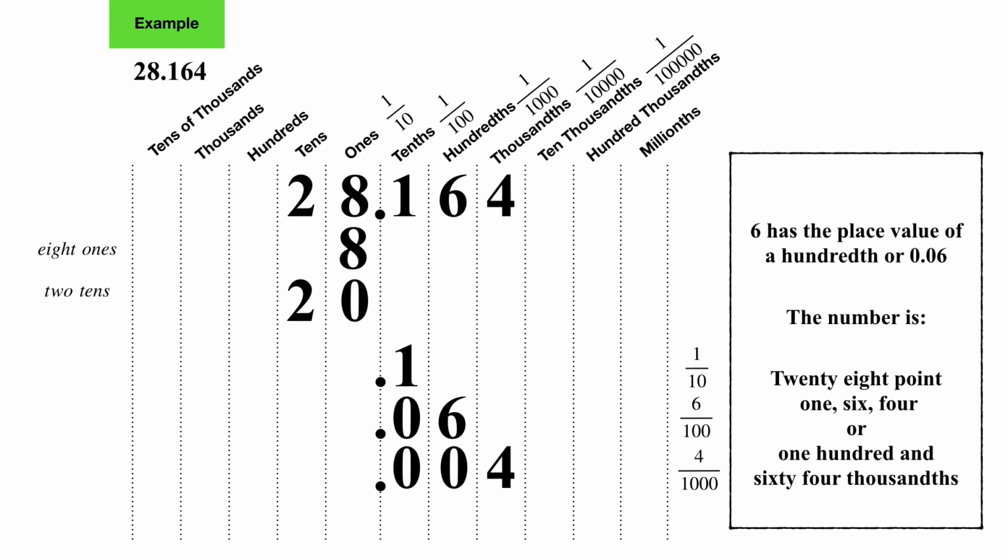But we're not going to say 164 thousandths. We are simply just going to say 28.164, because that's why we use the decimal system as well, to easily represent a number that is otherwise too complex to work with, or too complex to put over a fraction.